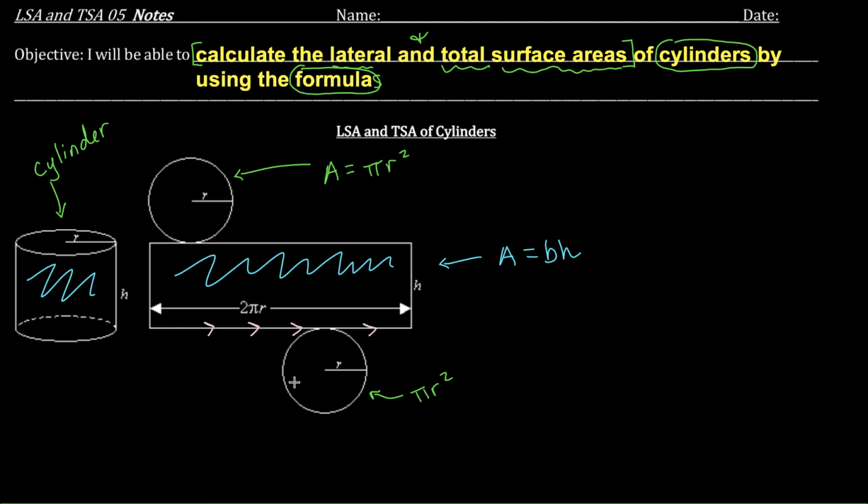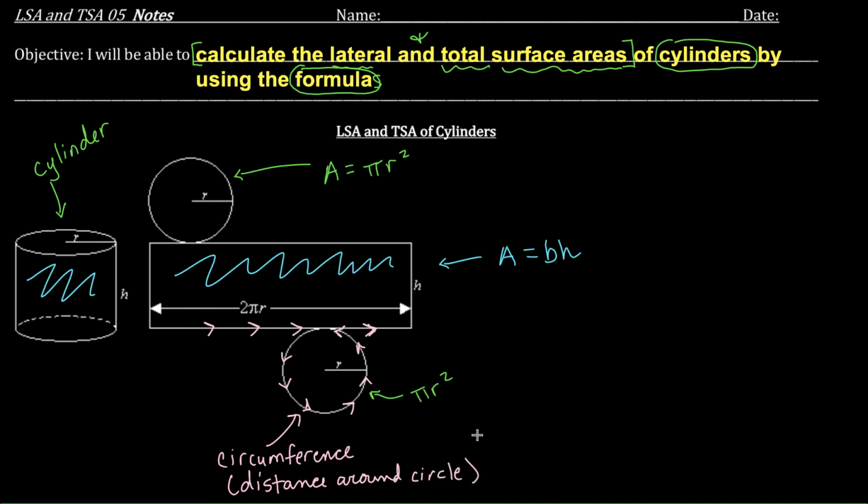This length right here is the same as this length right here. So this length is called the circumference, which is the distance around a circle.